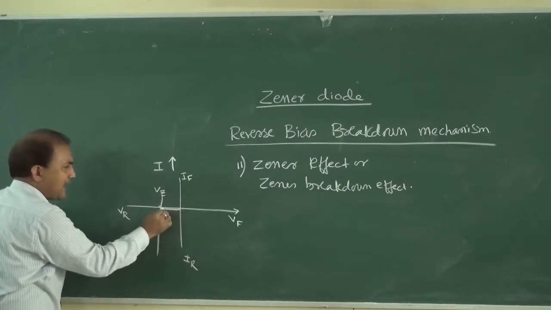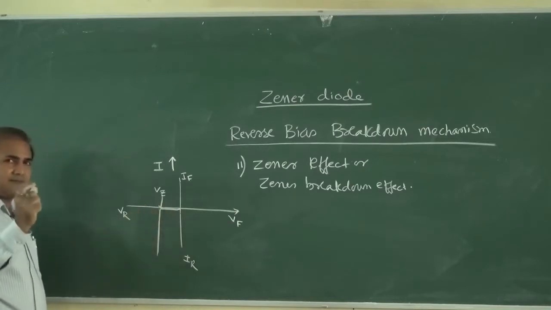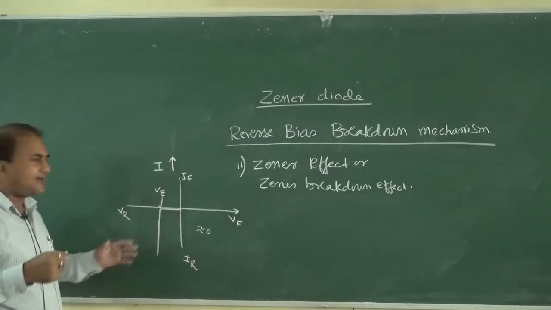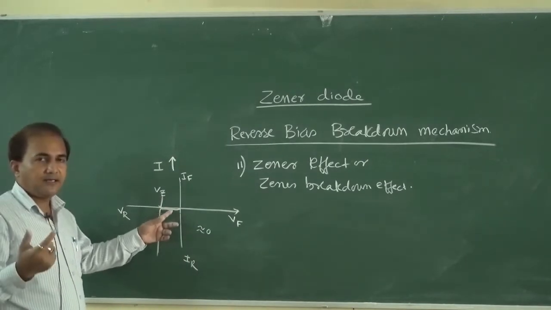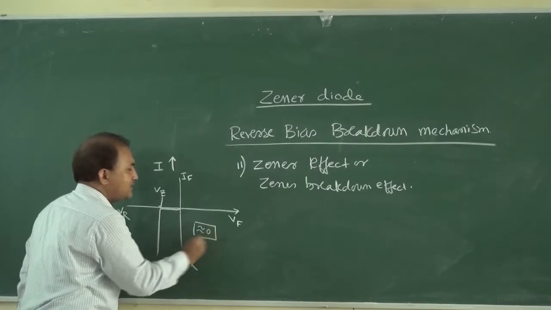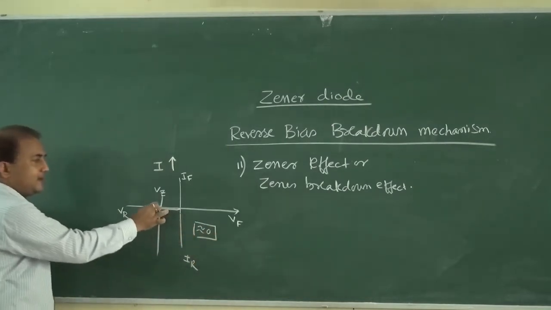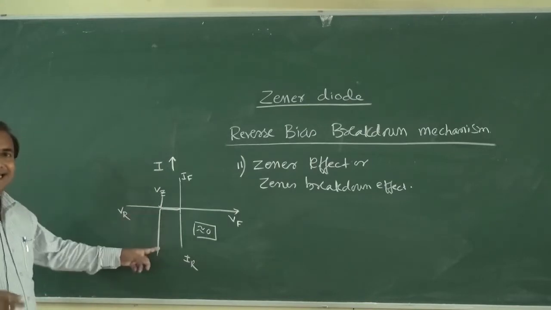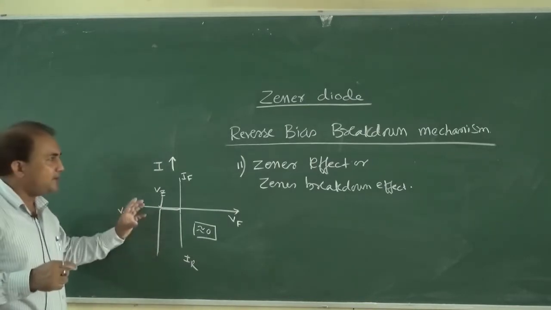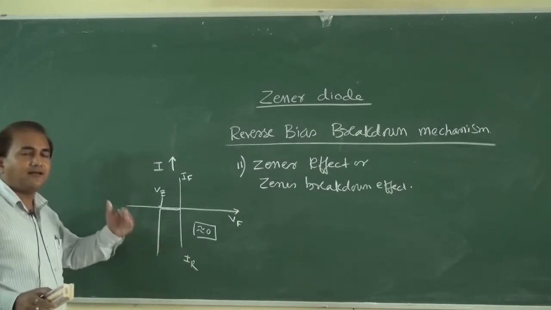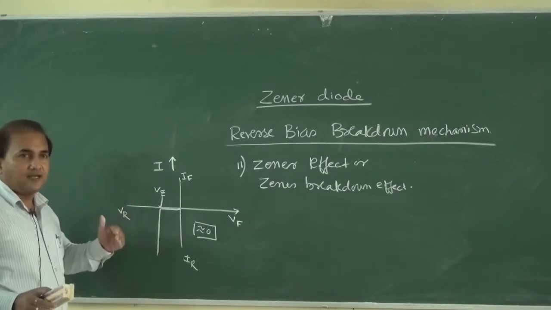Before this, IR is approximately equal to 0, in the range of microampere or picoampere. So it is approximately 0 before VZ, but after the breakdown, a sharp increase in current is observed. This is due to either the avalanche effect or the Zener effect.